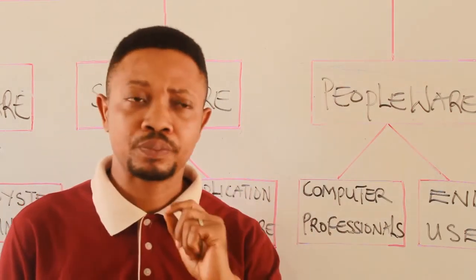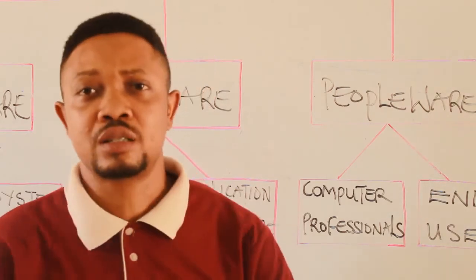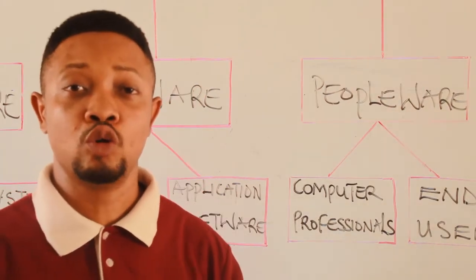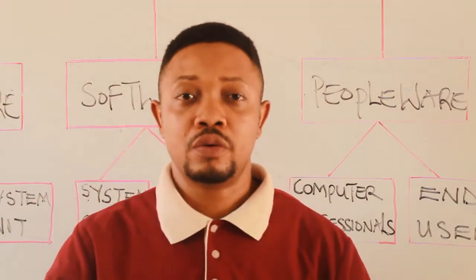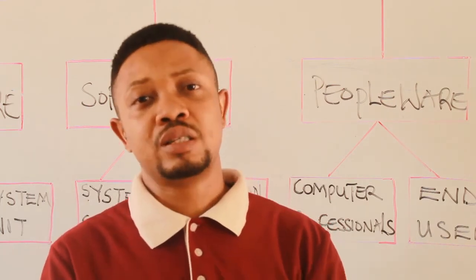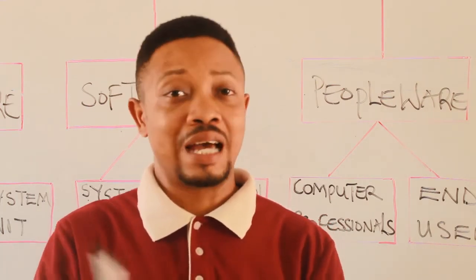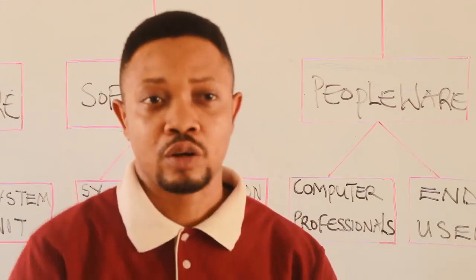Another example of a computer professional is a database administrator. It's someone who builds and designs a database. A typical example is, let's look at an organization where a staff is no longer an employee of that organization.